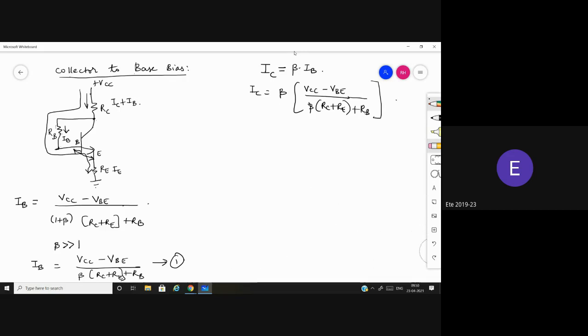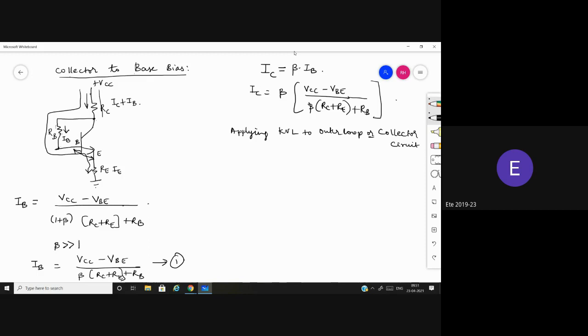So now, after this, the next part is applying KVL to the outer loop, or it is also known as collector circuit.